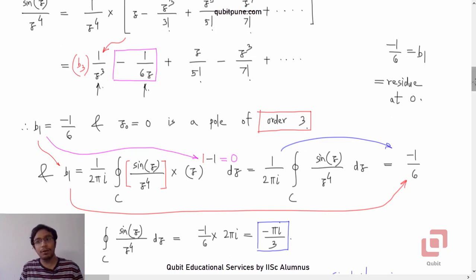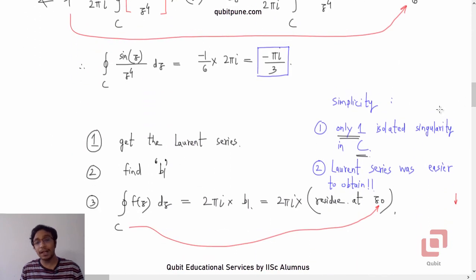Okay, so from now on we will try to develop methods to calculate b1 exclusively. Because although we have defined residue to be the coefficient b1 of the corresponding Laurent series, we don't actually need the entire Laurent series of the function. Okay, so let us now try to obtain formulas to find the residues, or b1, without actually computing the Laurent series.